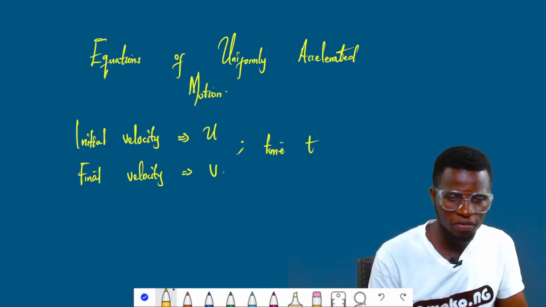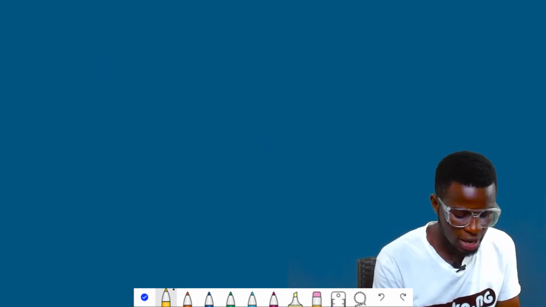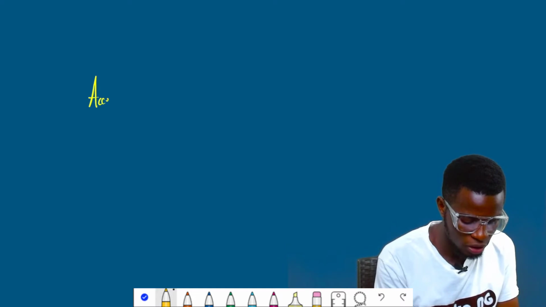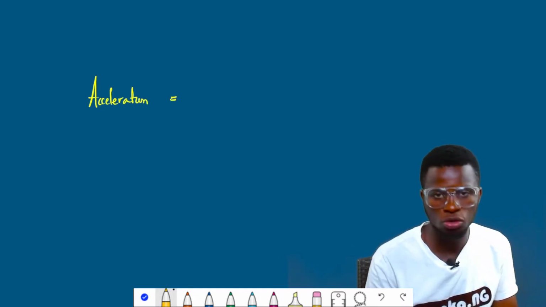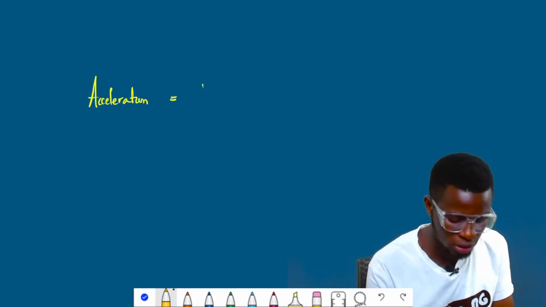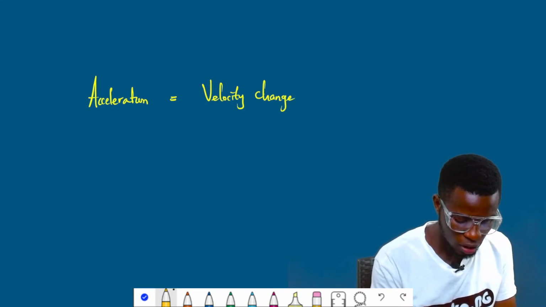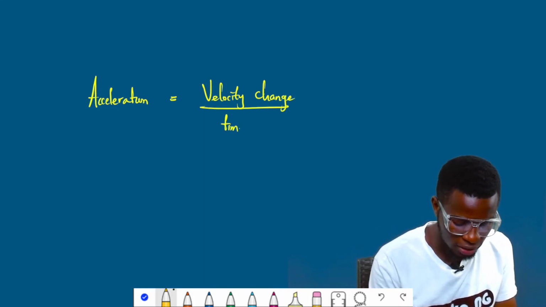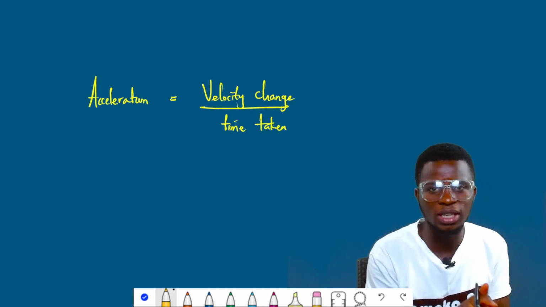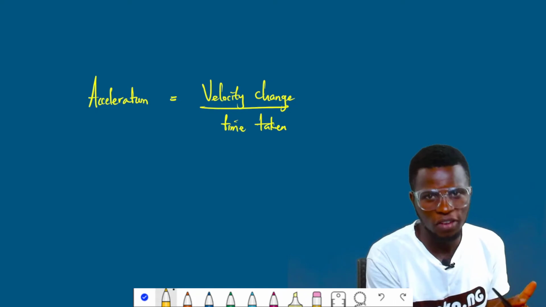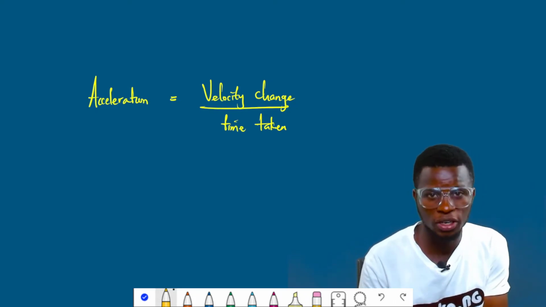Okay, we can therefore describe acceleration by saying that acceleration, remember from our previous lecture, we said that acceleration is equal to the change in velocity. All right, so we can say velocity change all over the time taken, and velocity change is actually the difference between the final velocity of the object and the initial velocity of the object.